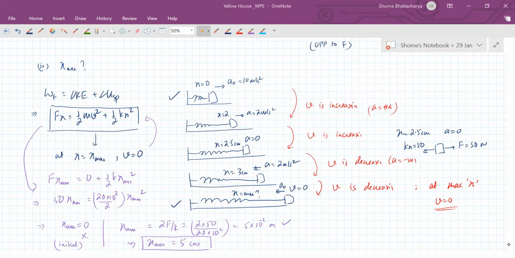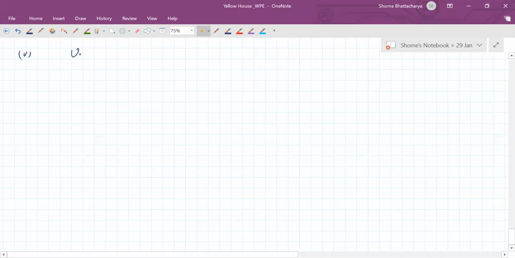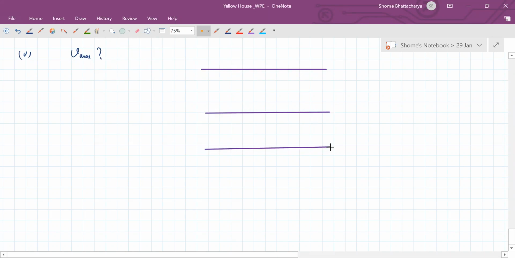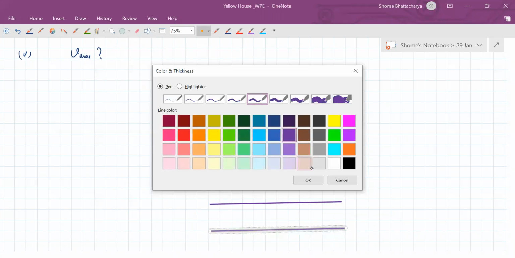Okay. So there are two ways of understanding this. One is from the free body diagram method, which you've just done. So fifth part, we want to find out v max. If we just look at that series of diagrams, now we will understand this. So let us see the block at various different stages here.